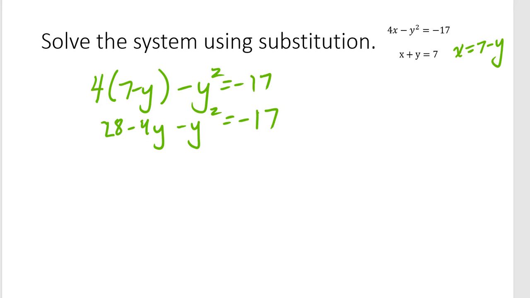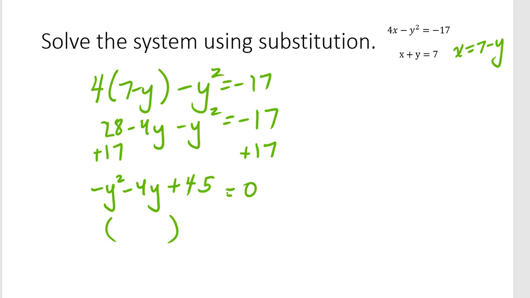Now this is a quadratic, which means I'm going to have to use either zero factor property or quadratic formula. So I'm going to set it equal to 0 by adding 17 to both sides. And I'm going to rearrange it while I'm doing this so it's a nice standard form. And I believe this will factor.